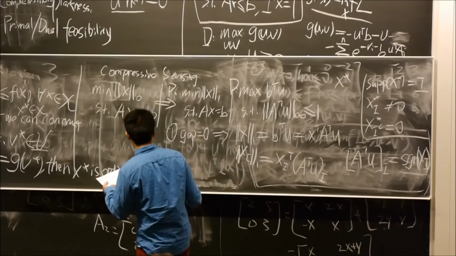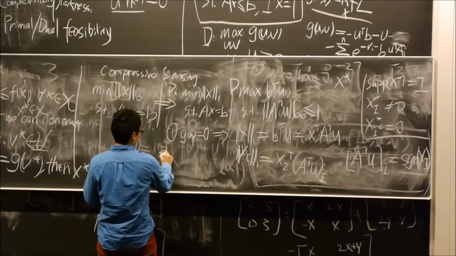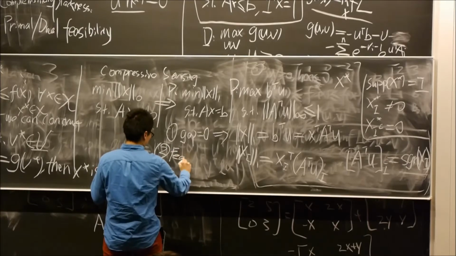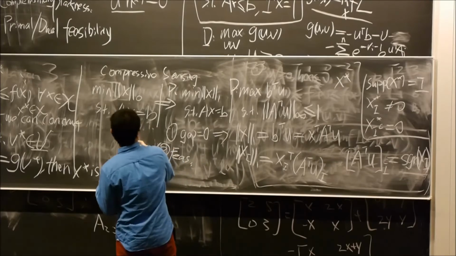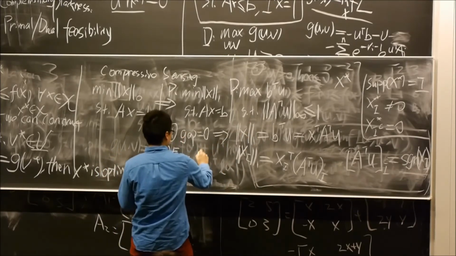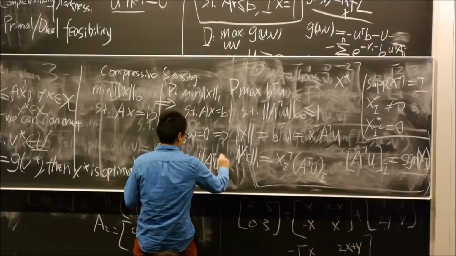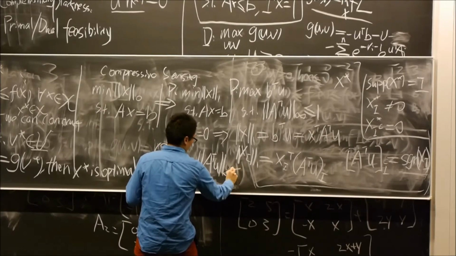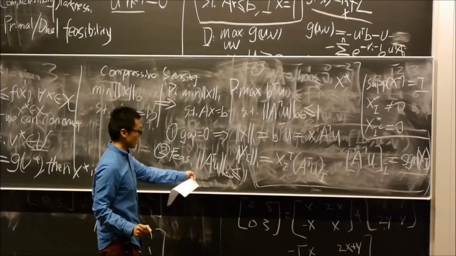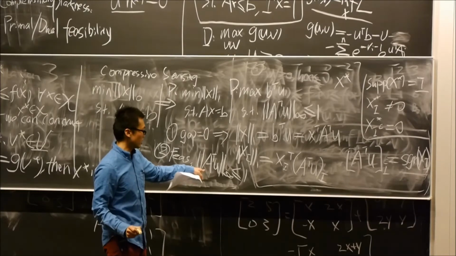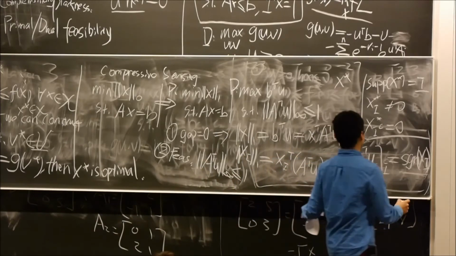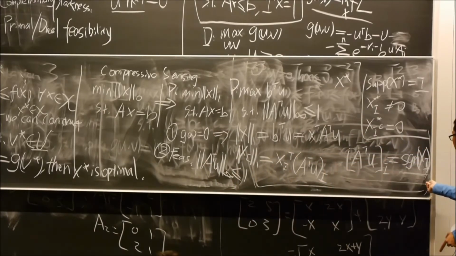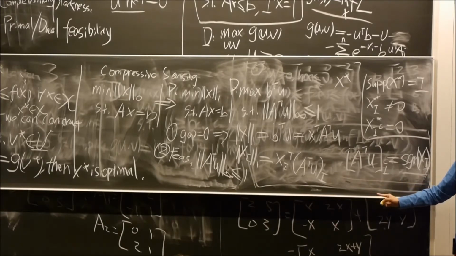So that's one. And the second thing we need to verify is feasibility. The dual feasibility requires the infinity norm of A transpose u to be smaller than 1. That's basically saying the absolute value of all the coordinates of A transpose u must be smaller than 1. And for the support set I, this is already satisfied.